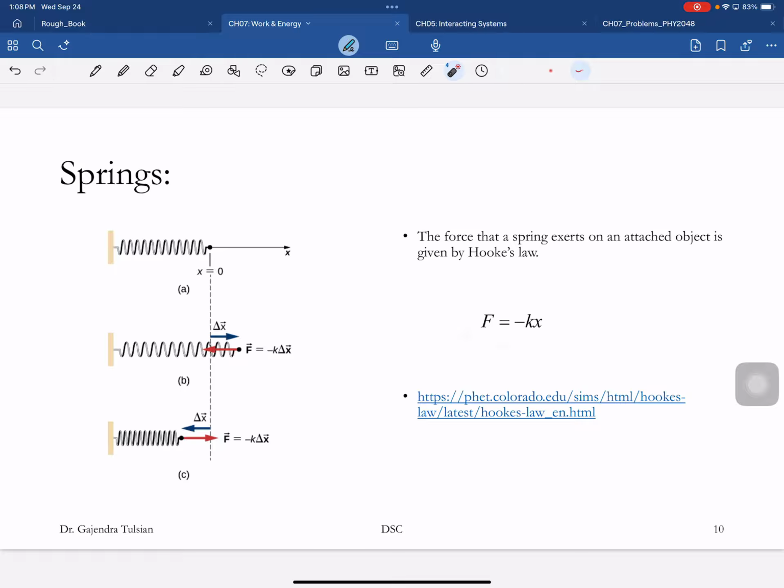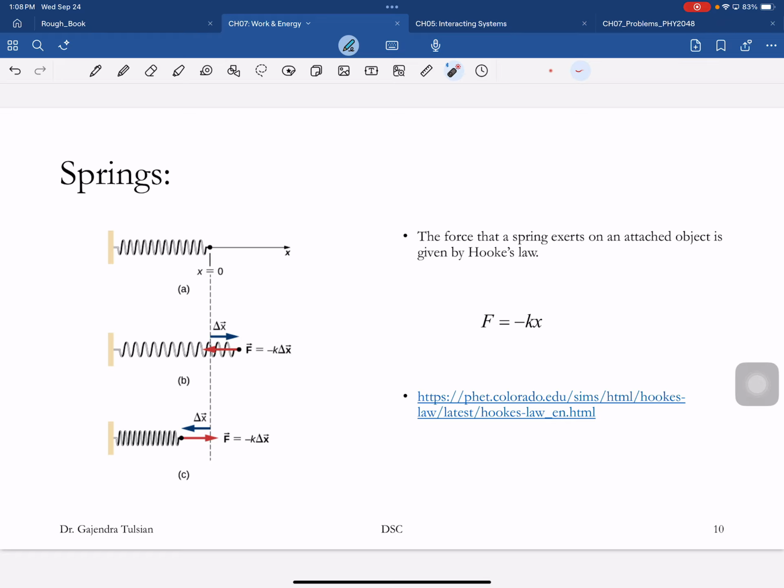A lot of materials behave this way. This is called elastic behavior. For small displacement, the restoring force is proportional to the deformation. For instance, when you bang this table, the table deforms, and the restoring force is proportional to the deformation.